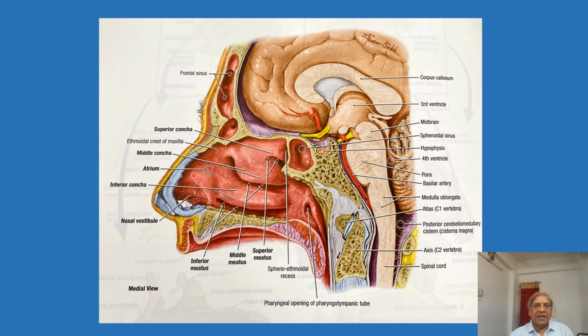The dilated space just above the anterior nasal opening, lined by mucous membrane, is called the atrium. These three bony projections, covered by mucous membrane, are the superior, middle and inferior nasal concha, and deep to them these grooves are deep spaces called the meatuses.